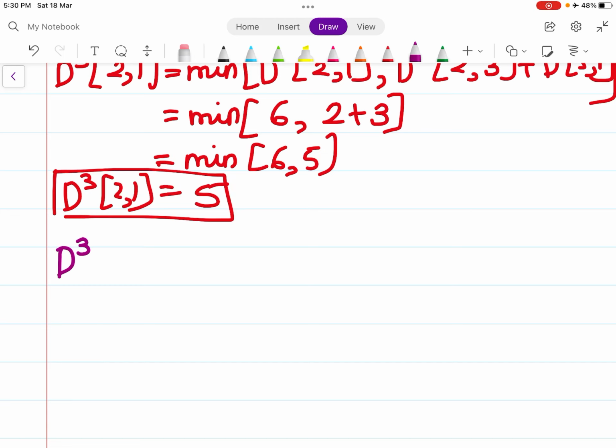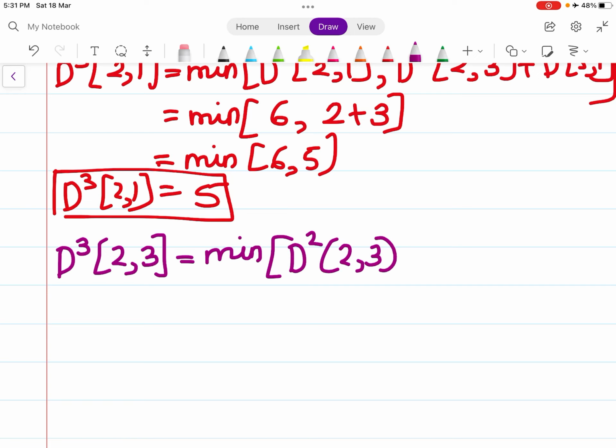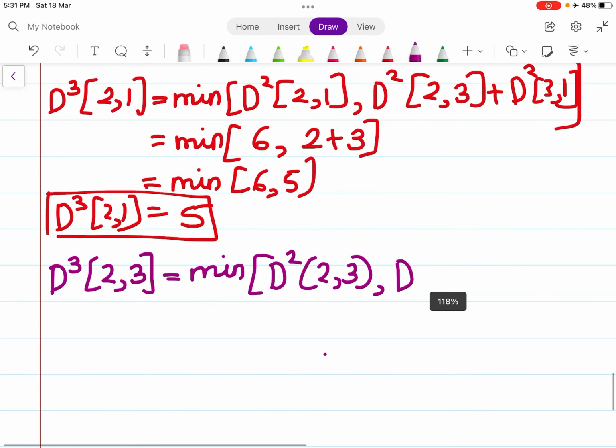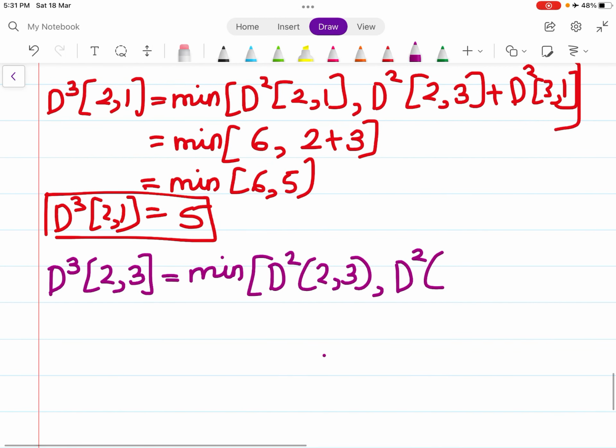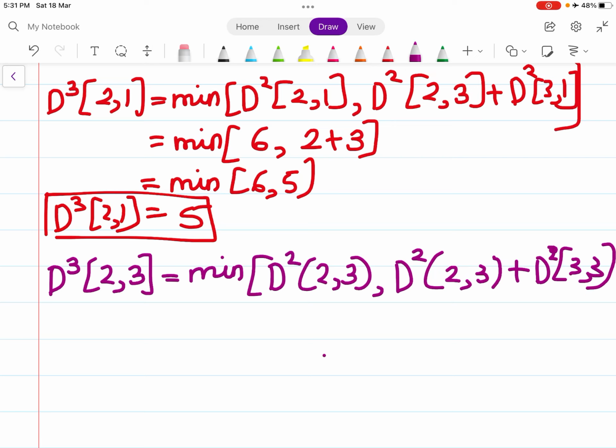Next is D3 2 comma 3, because 2 comma 2 is a self loop, so not considered. So minimum of D2 2 comma 3, comma D2 2 comma 3 plus D2 3 comma 3. So minimum of D2 2 comma 3 is 2, 2 plus 0.